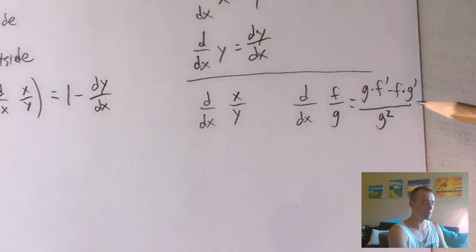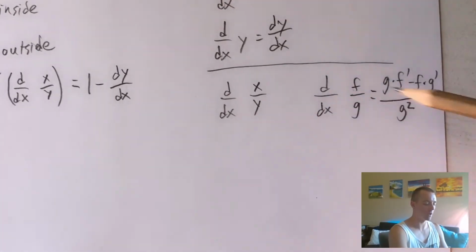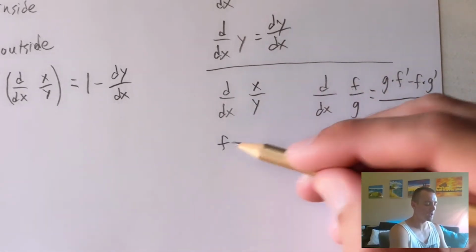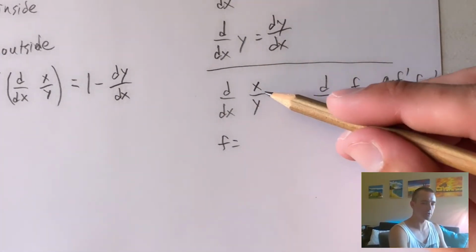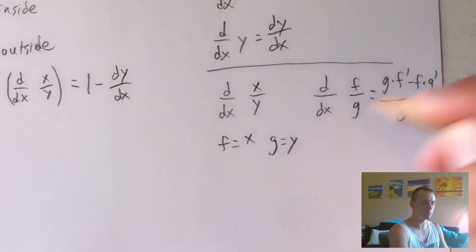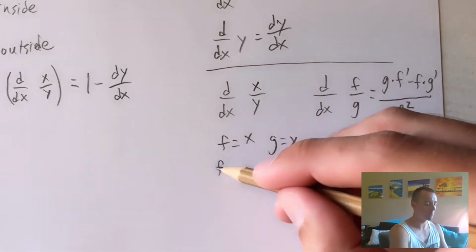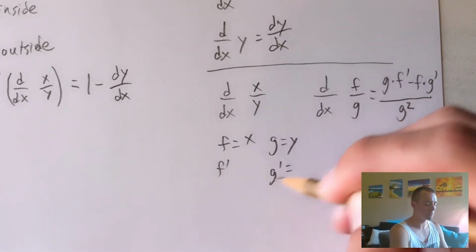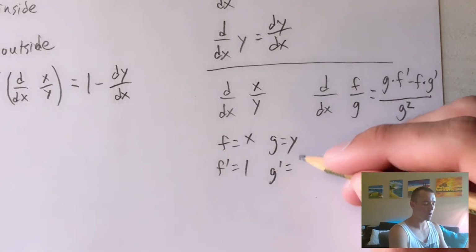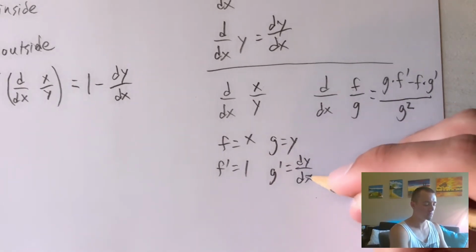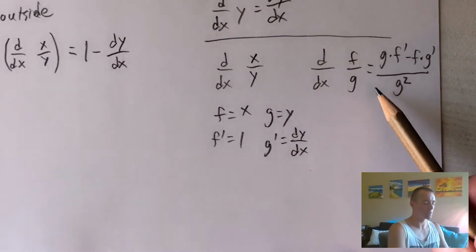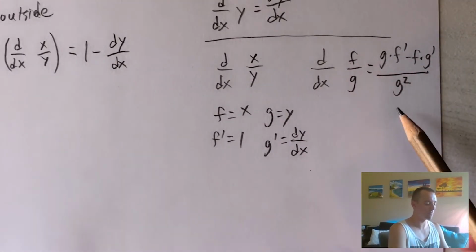So we pretty much just need to figure out, we can kind of write out our f and our g, our f prime and g prime. So we'll just take f is the top function, so it's going to be x in this case. G is your bottom function, which is going to be y. Then we want to figure out the derivative of each of these, which again, the derivative of x is just 1, and the derivative of y is dy dx. And then we can just plug these four pieces into this formula. So we're going to get the bottom times the derivative of the top.